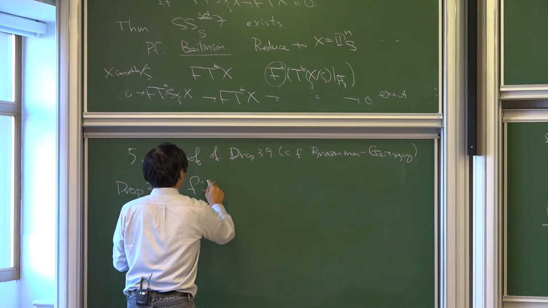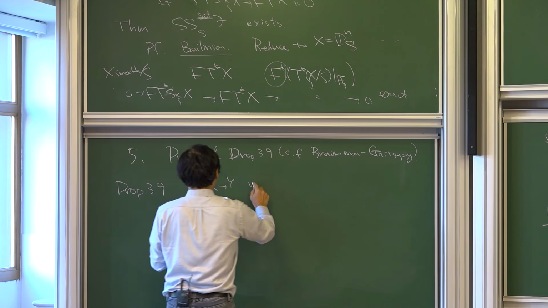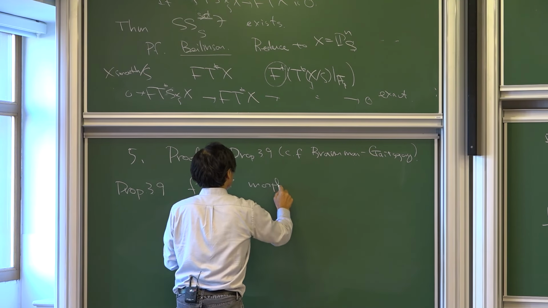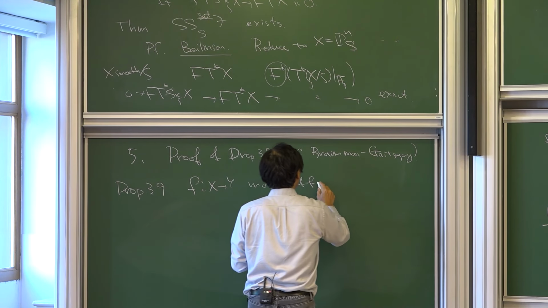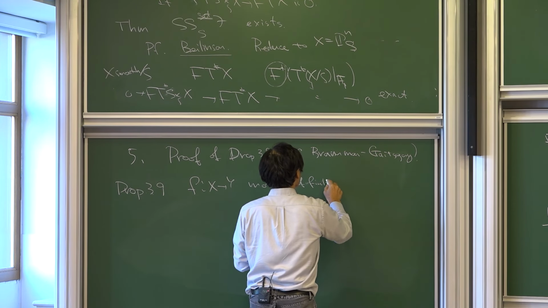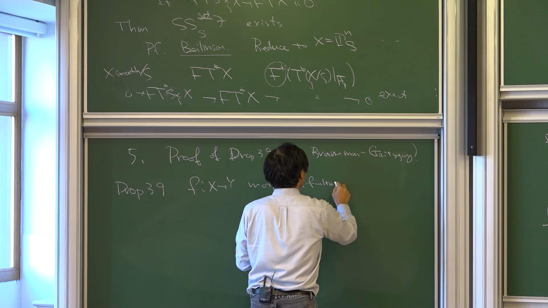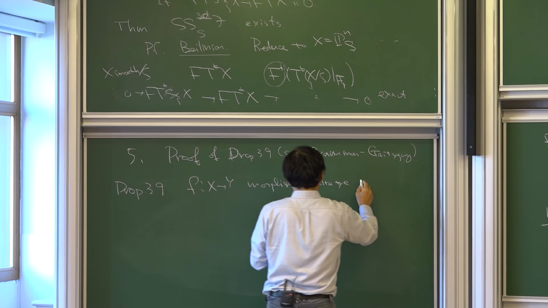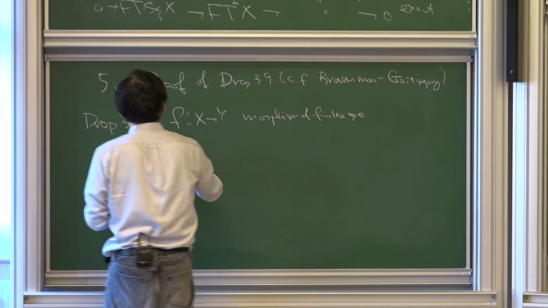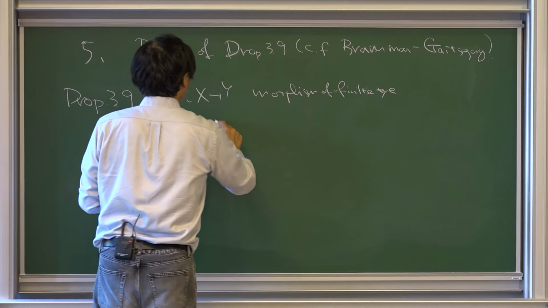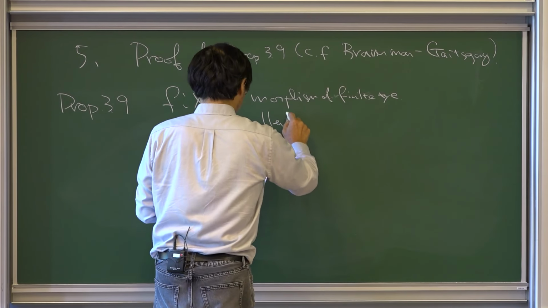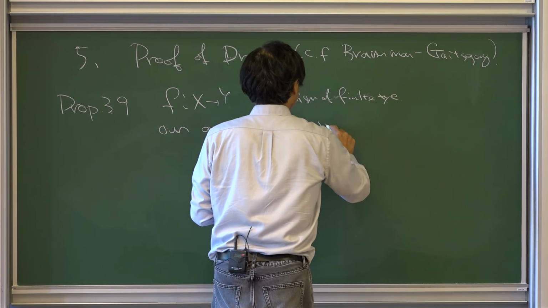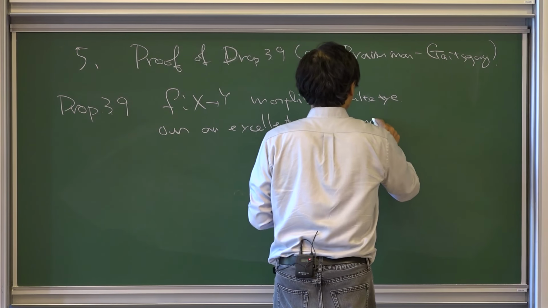So F is a morphism of finite type over an excellent regular Noetherian scheme.